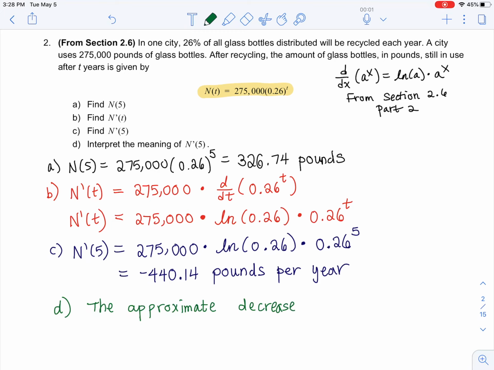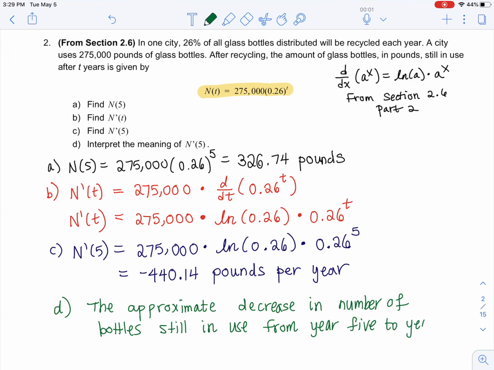The approximate decrease in number of bottles still in use from year 5 to year 6.